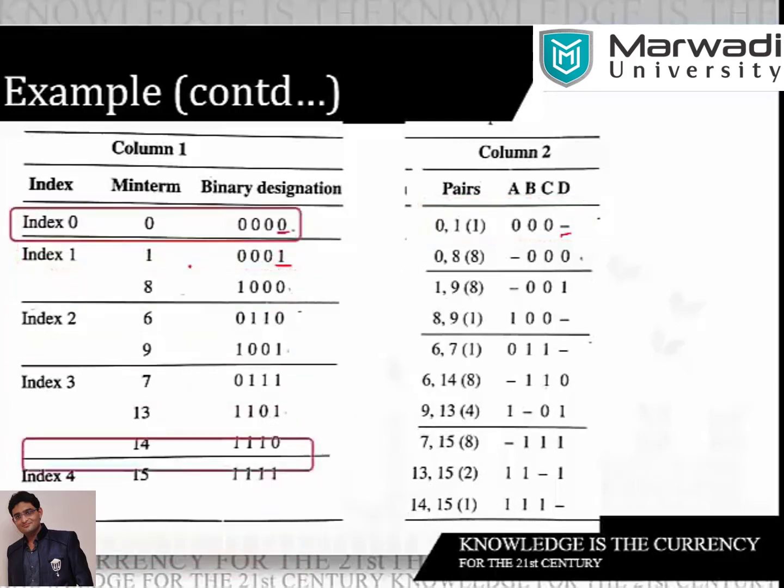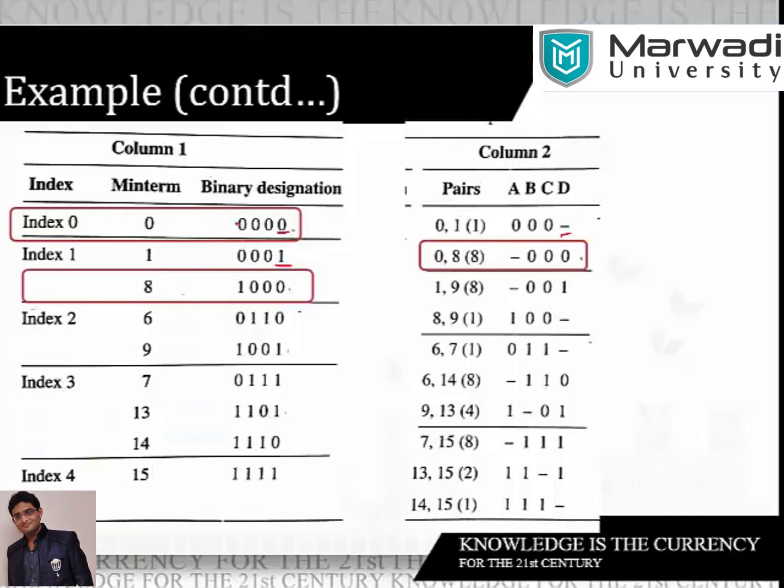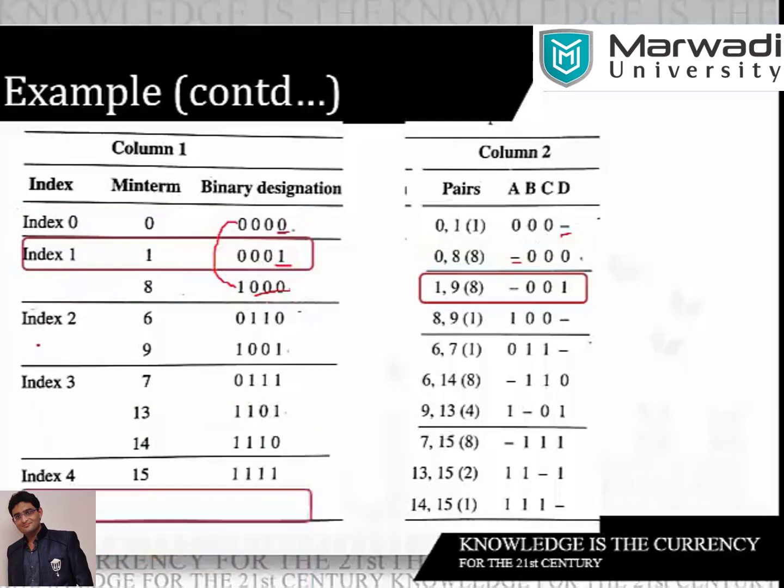Similarly, on comparing 0 with 8, we can observe that there is a change in the MSB bit, and so we will be writing a dash in place of the MSB and keeping the remaining bits as they are, that is dash and 000. Now we will be comparing index 1 and index 2, and on comparison of 1 and 9 we can observe the change in the MSB bit, that is a dash, keeping the remaining bits as they are, that is 001.